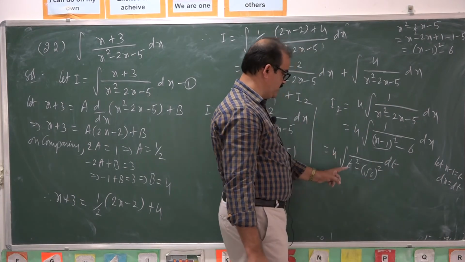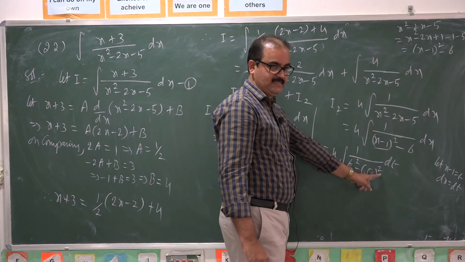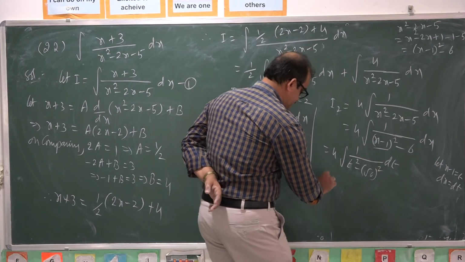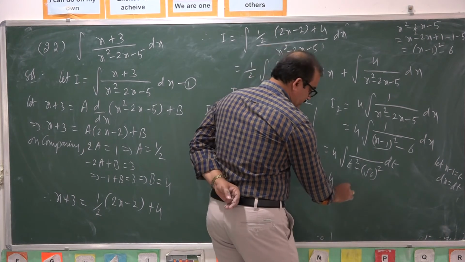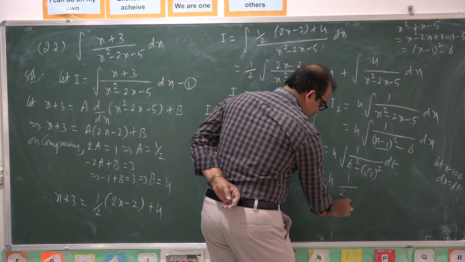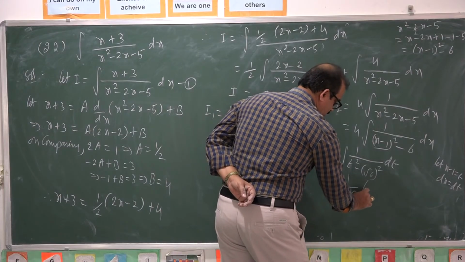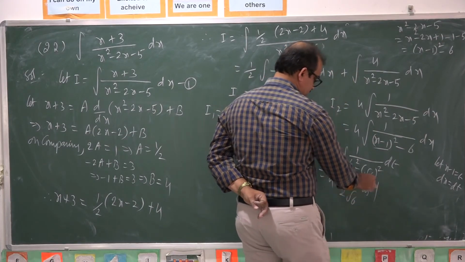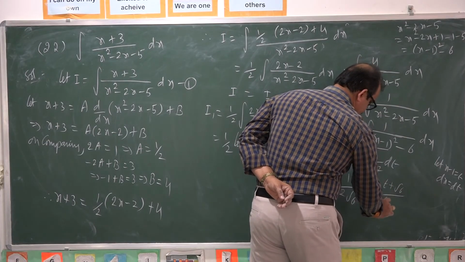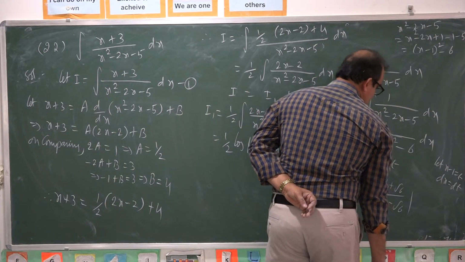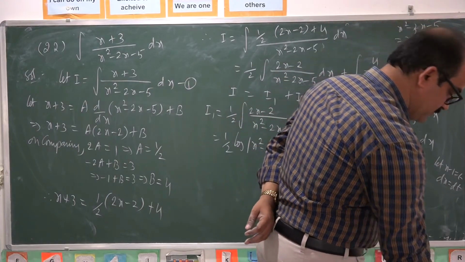It is in the form of integral 1 by (x² − a²). Apply that formula. 1 by 2a into log of mod (x − a) by (x + a), where a is root 6, so 1 by 2 root 6 into log of mod (t − root 6) by (t + root 6), and substitute t value.